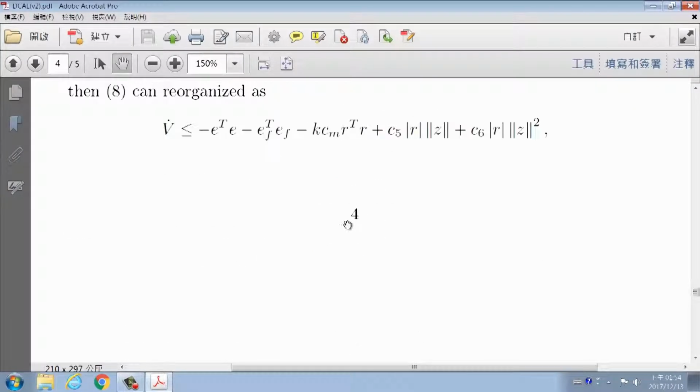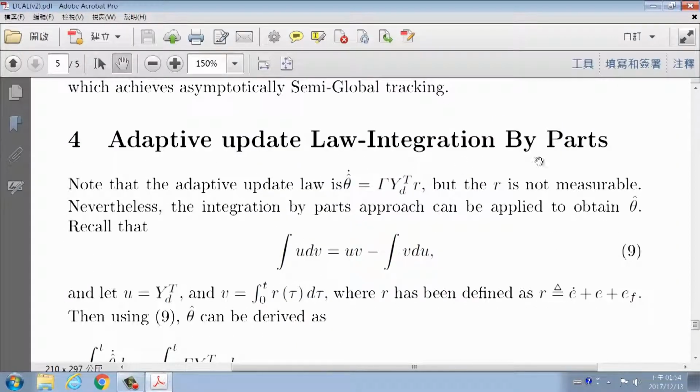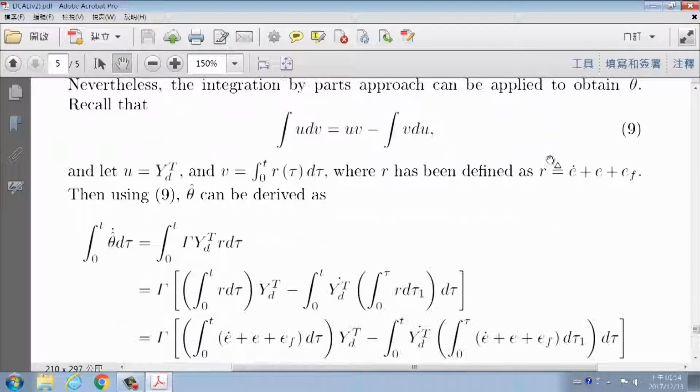But you still can do that. The approach is called integration by parts. For example, let's define another signal tau, the variable for the integration of theta hat dot, from 0 to t.